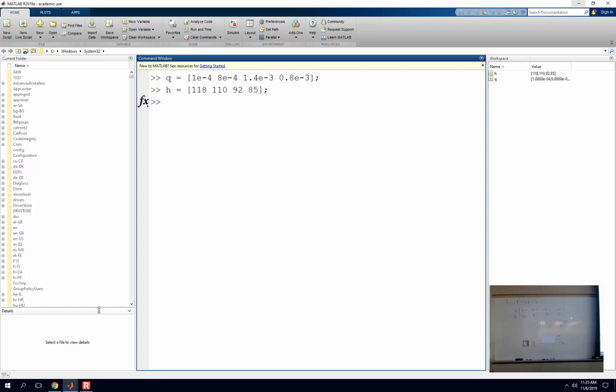Plus c of 2 times qq plus c of 3. Because that's not 0, that's something times 10 to the power of 7, right?